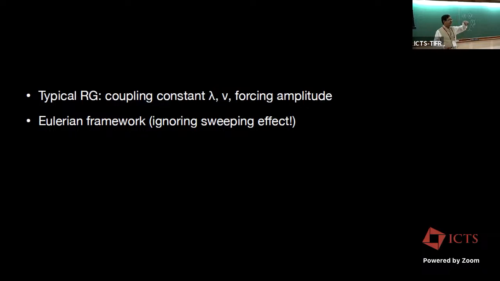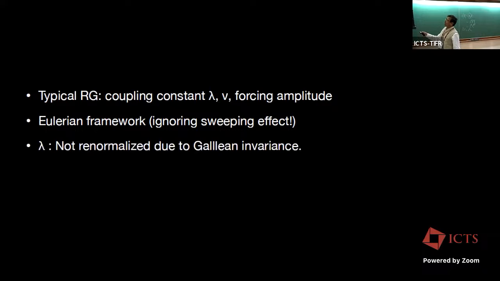Typically we force at large scale like Kolmogorov theory, or it may also force small scales. In fact, Yakhot-Orszag forces at all scales. That is the forcing amplitude. We use the Eulerian picture, but it turns out that lambda, this coupling constant, is not renormalized. It remains unchanged, and that is because of Galilean invariance.